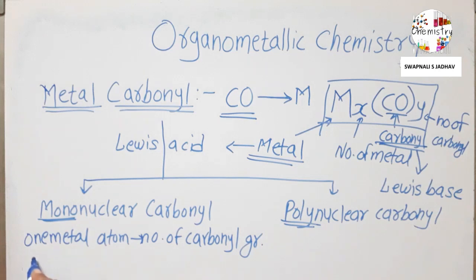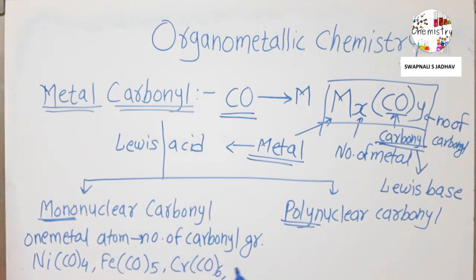For example, NiCO4, FeCO5, CrCO6, VCO6, where nickel is attached to 4 carbonyl groups, iron to 5, chromium to 6, and vanadium to 6 carbonyl groups.